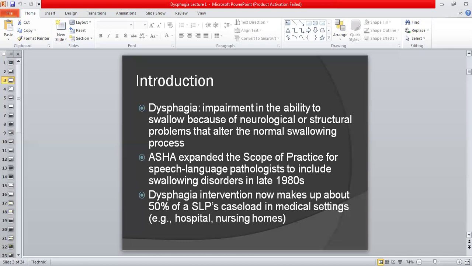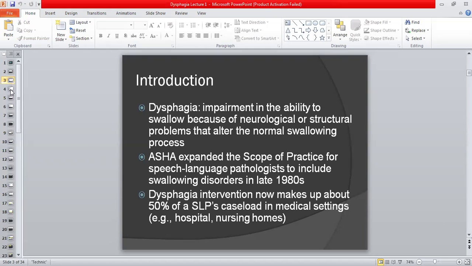That is why we consider it a domain of speech language pathology, since it has to do with the structures that are responsible for speech as well.